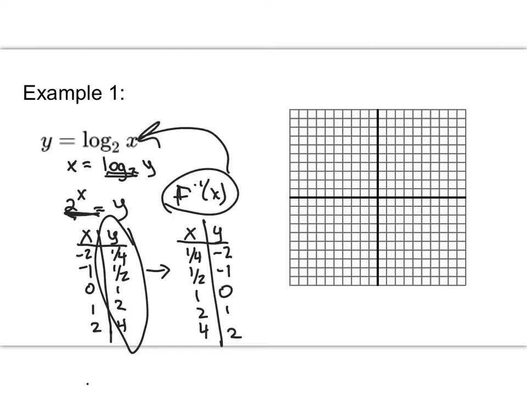That means that I have the points for this graph. So when x is 1/4, y is -2. When x is 1/2, y is -1. When x is 1, y is 0. When x is 2, y is 1. And when x is 4, y is 2.